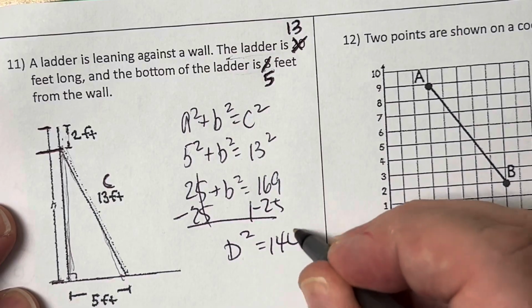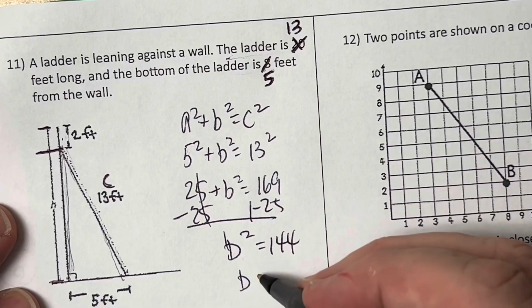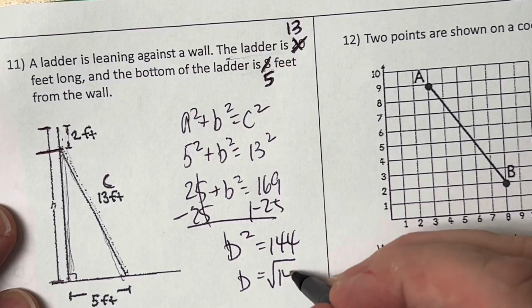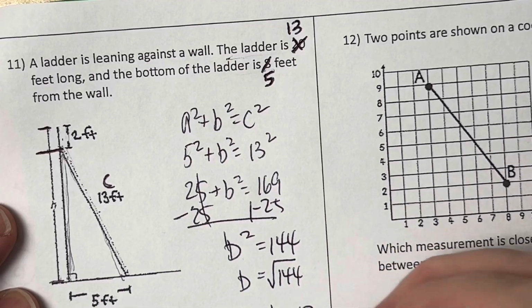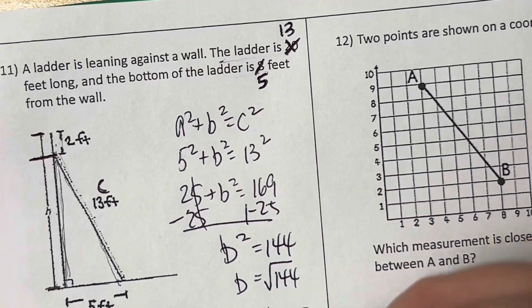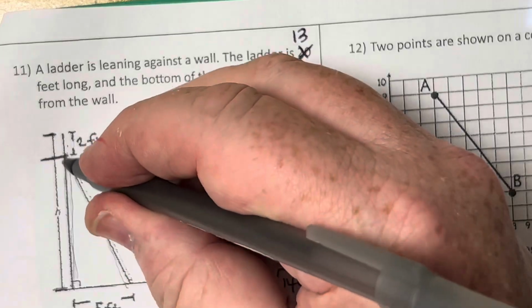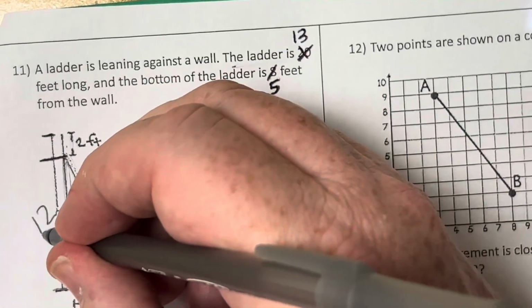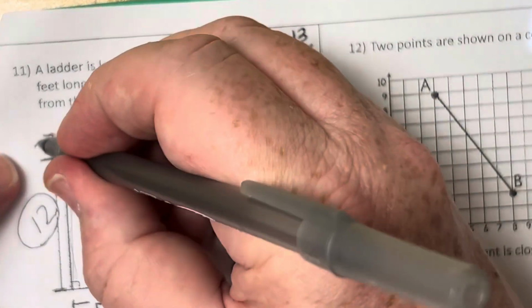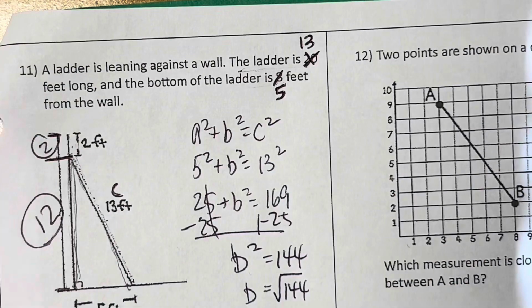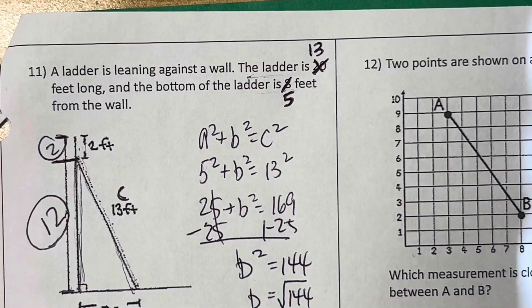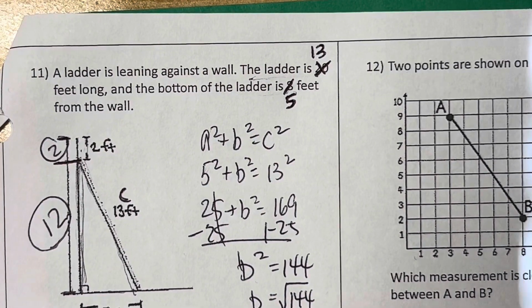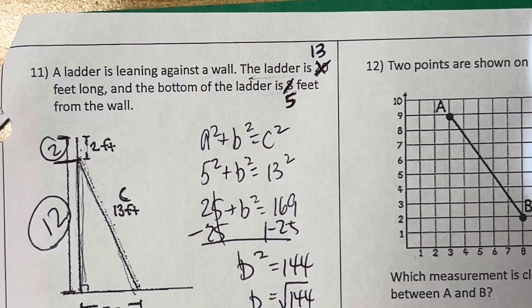And that is 144. So B squared, the square root of 144, is 12. All right, so that's the distance up the wall to this point. We have 12 here, but then there's 2 more feet there. All right, so what's the total height of the wall? We want to do 12 plus 2, so that will be 14 feet.